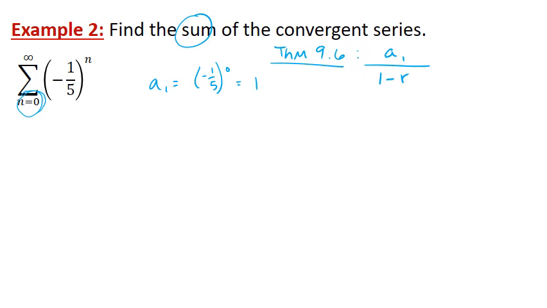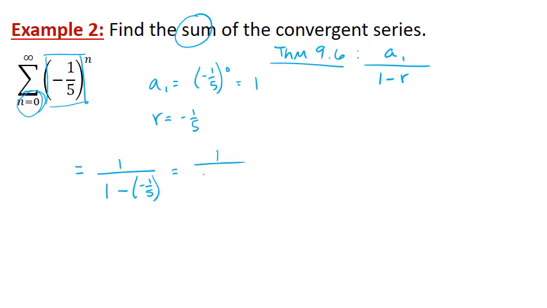I also need to know r. R is the common ratio. We talked about that on previous slides. In this case, it's a negative 1/5. So we just need to plug these two things into our formula. So we get that this sum is equal to 1 over 1 minus a negative 1/5.